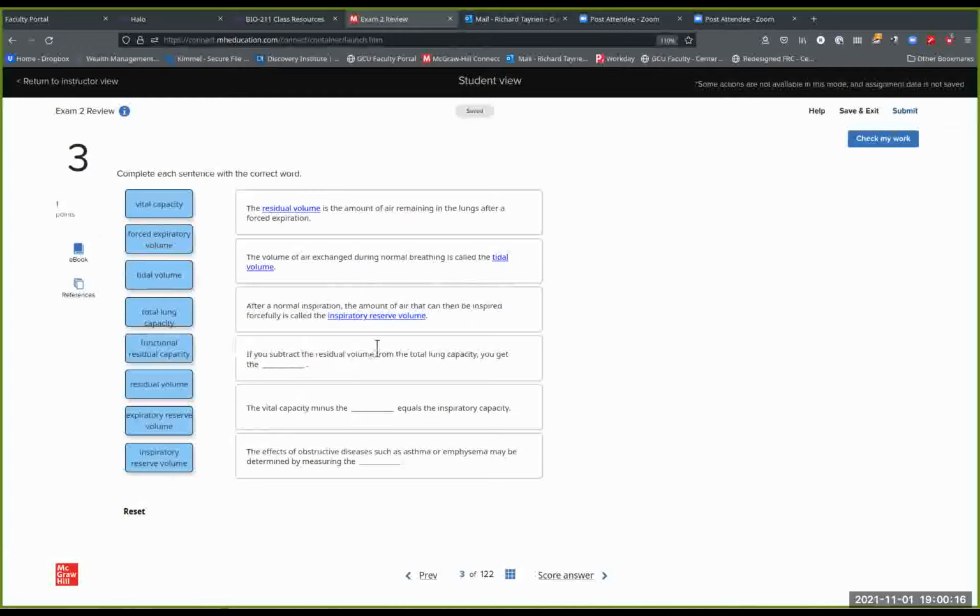And you subtract residual volume from total lung capacity. We get vital capacity.